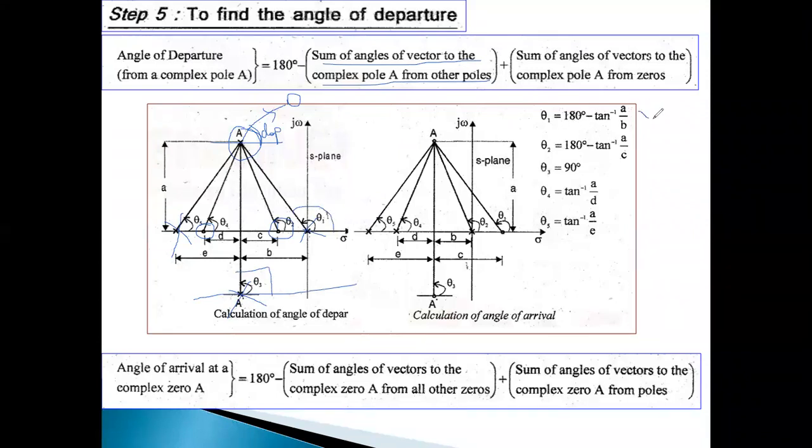Otherwise, we can also use this formula: 180 minus tan inverse of B by A, that is the opposite side by the adjacent side. You get tan theta, so theta value, 180 minus theta value, you get theta 1. Simple mathematics. Otherwise, using a protractor, we can measure theta 1, theta 2, theta 3, theta 4, and theta 5.